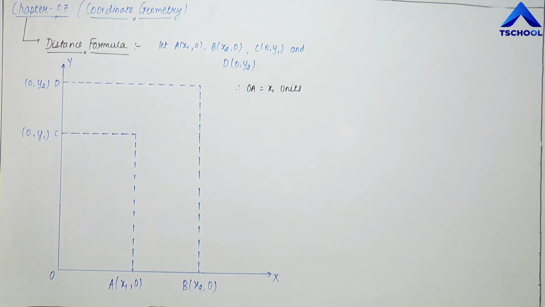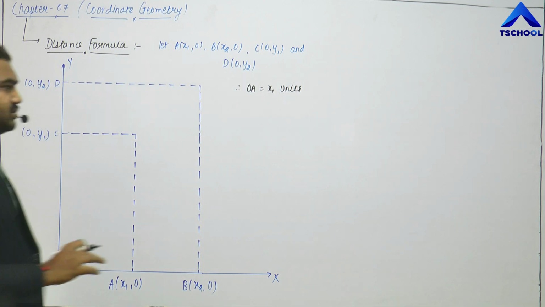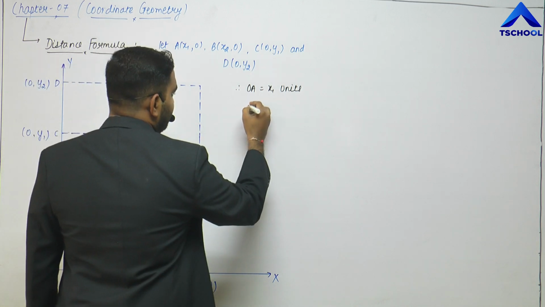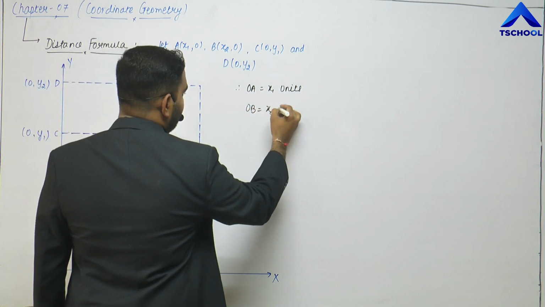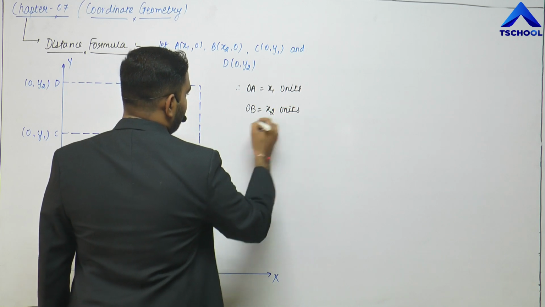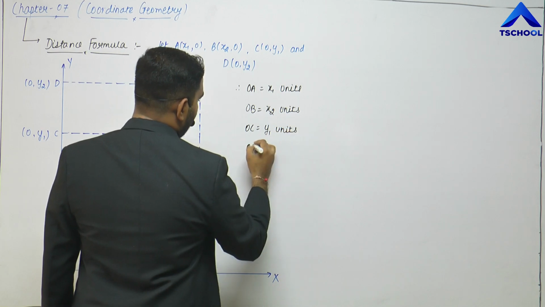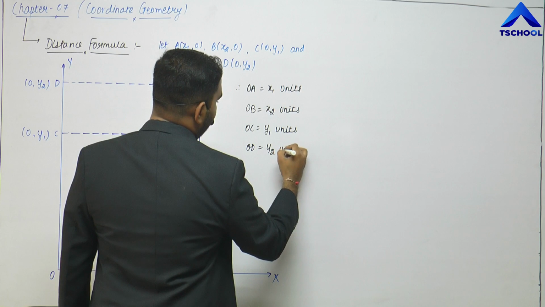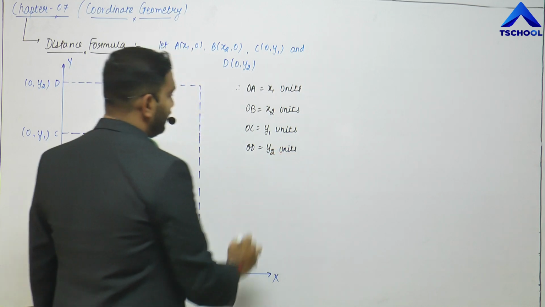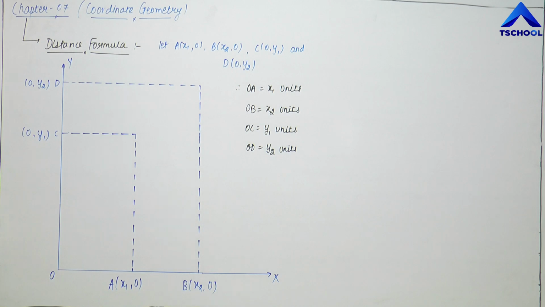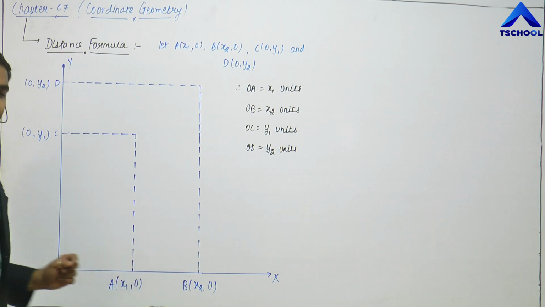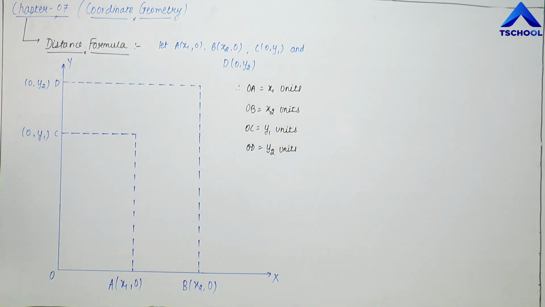So we simply write that the perpendicular distance OA is equal to the x coordinate of the point. So OA equals x1 units. Similarly, you can write that OB equals x2 units, OC equals y1 units, and OD equals y2 units, right? So we got these 4 perpendicular distances: OA is x1, OB is x2, OC is y1 and OD is y2.